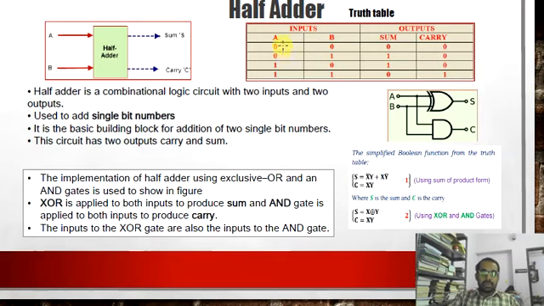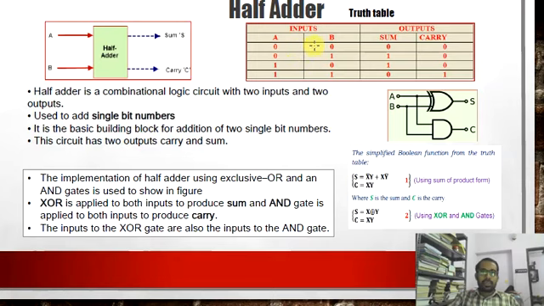Since you are adding two single bit numbers, we can have four combinations. The first combination is that A and B are zeros, 0 0, the second combination is 0 1, then 1 0, and 1 1.